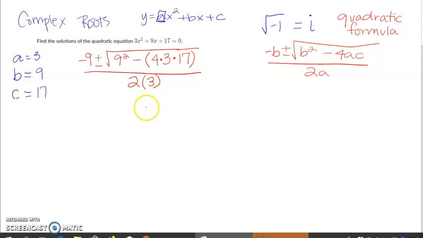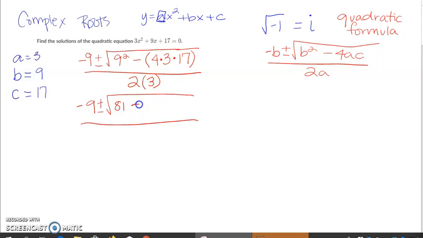Okay. So here we're going to do a little bit of simple arithmetic, and go ahead and multiply and solve this. I'm going to leave -9 for now out front, and I'm going to work on all this stuff underneath our radical, our square root sign. 9 squared, which is just 9 times 9, gives us 81.